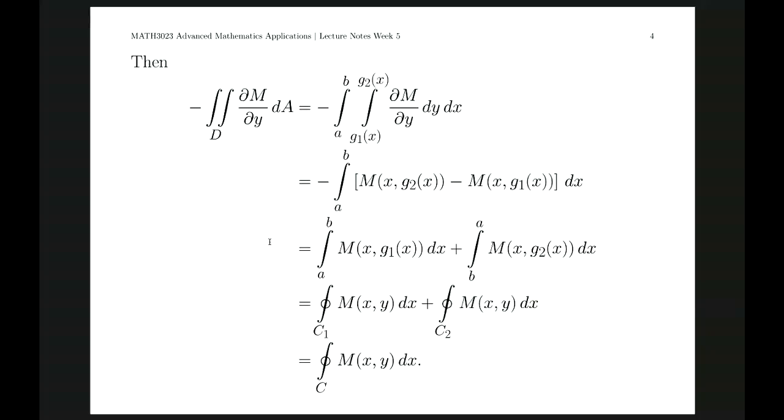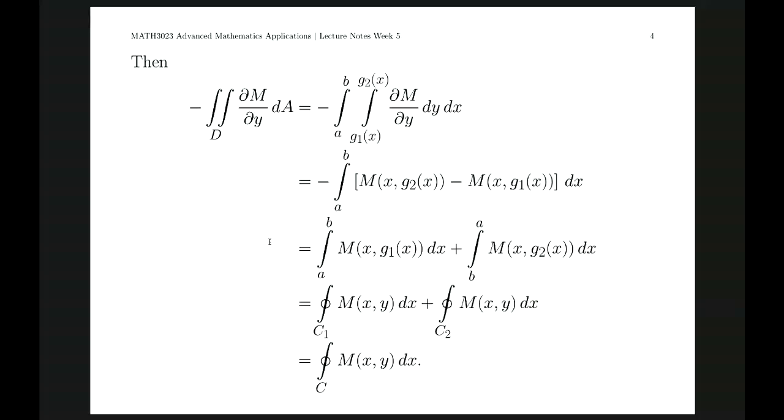So, bringing the minus 1 along, x goes from A to B, y goes from this function to this function, and I integrate partial dM dy. The good thing is, because I've chosen to do it with respect to y first, I can do the first iterate. So this is just this function at this y minus this function at this y.